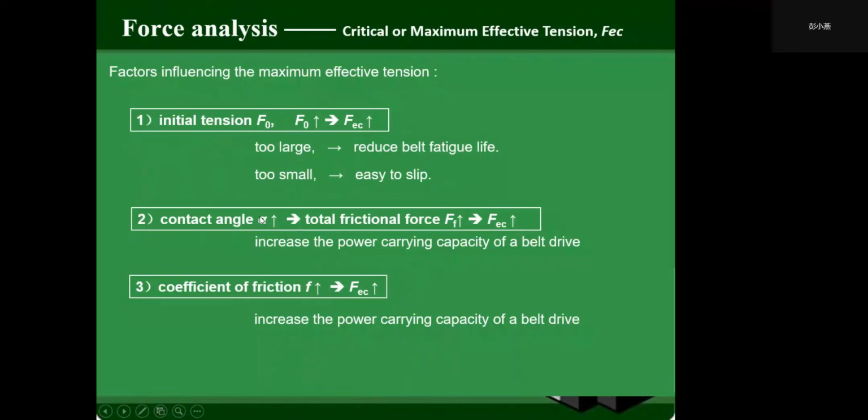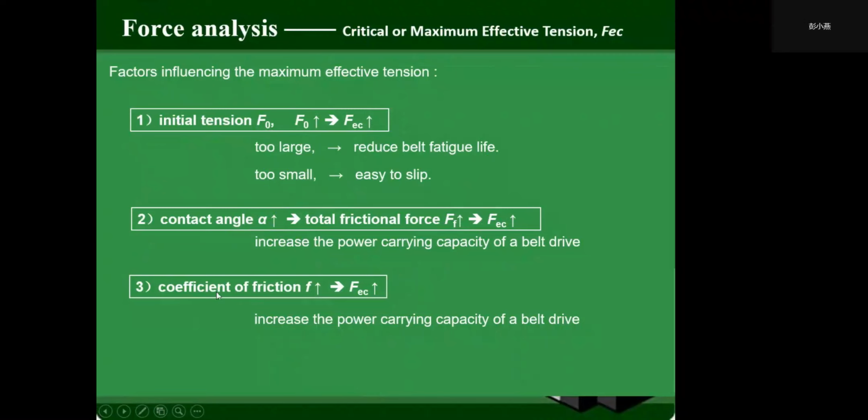For the contact angle, if the contact angle increases, the total frictional force will increase, and then the maximum effective tension will increase too. And then it can increase the power carrying capacity of the belt drive.